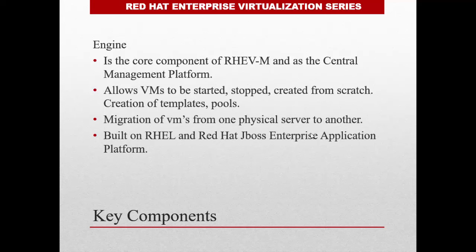Creation of templates and pools is possible only with this engine. Migration of VMs from one physical server to another, you need the engine to do this task, and it's built on RHEL 6 64-bit operating system, and you need Red Hat JBoss Enterprise Application Platform.